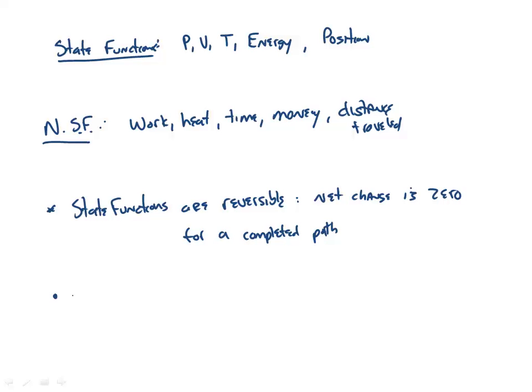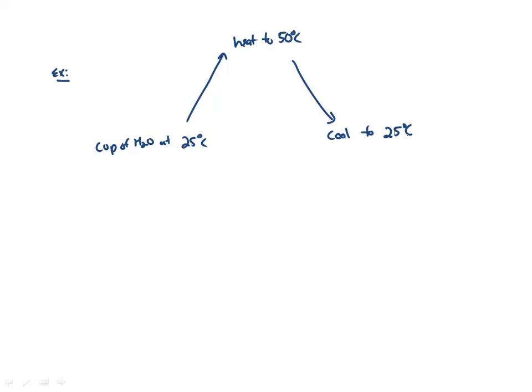Or what it's really saying is that any changes are path independent. A good example of that is if I have a cup of water at, say, 25 degrees Celsius, and I heat that cup of water to 50 degrees Celsius, and then I cool it back to 25 degrees Celsius.